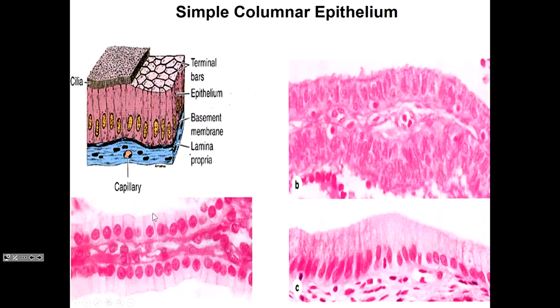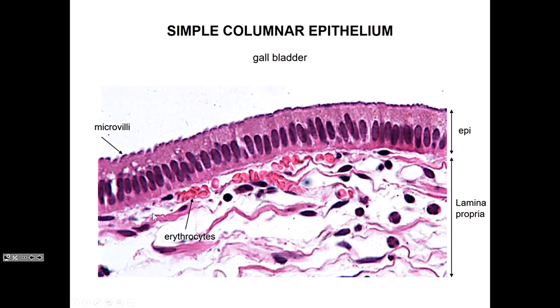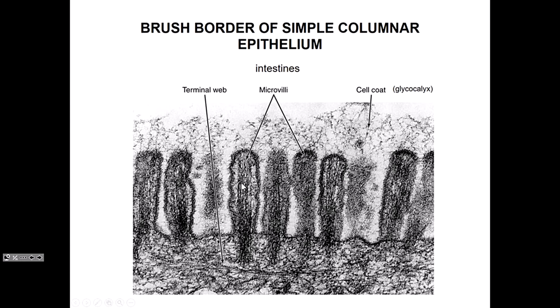Okay, and then many of these layers, like here or other locations, may have microvilli on them. So the microvilli at a very high power image appear thus, and you can see very, very thin strands inside of them, which are the actin filaments. They're not microtubules.